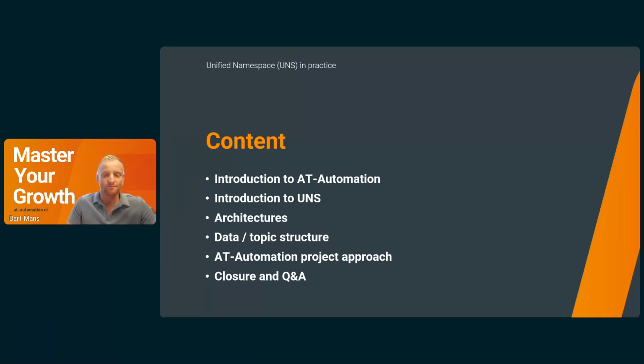So I made a little cookie factory UNS, and I use the architectures and especially the data and the topic structures for that. And eventually I will share with you the AT Automation project approach of implementing a UNS in practice, and how we do that. And eventually I'll close up and we have a Q&A.